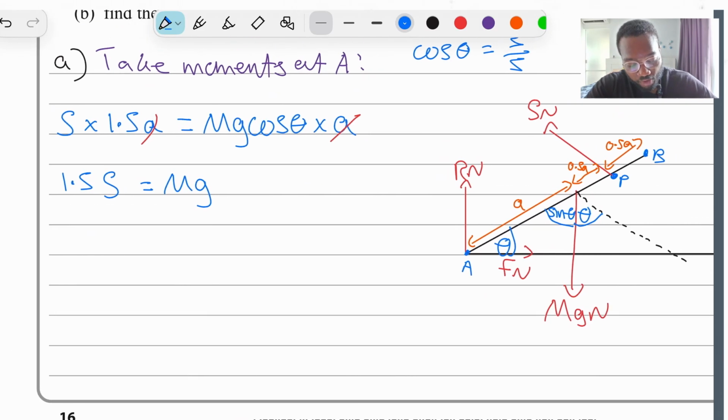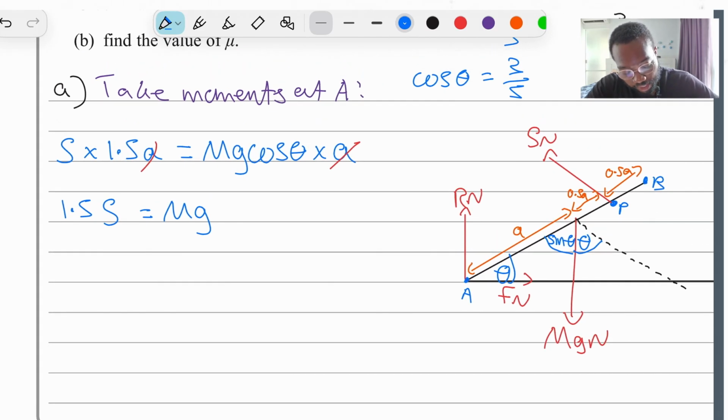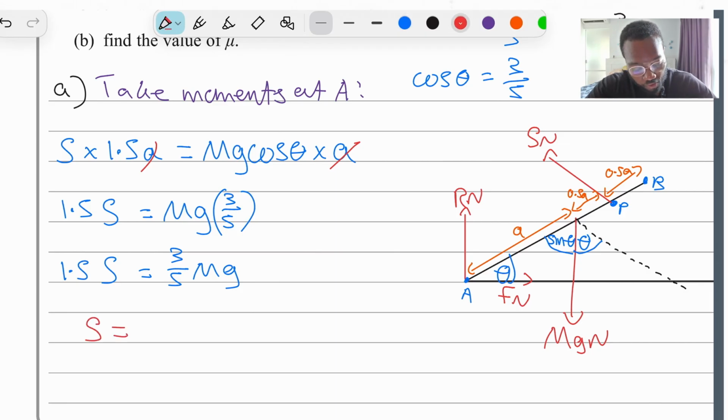So when I have mg cosine theta, that is the same as saying mg times 3/5. Therefore, we get 1.5 S is equal to 3 over 5 mg. To work out the S value, we just need to do 3 over 5 mg divided by 1.5, which gives you 2 over 5 mg.